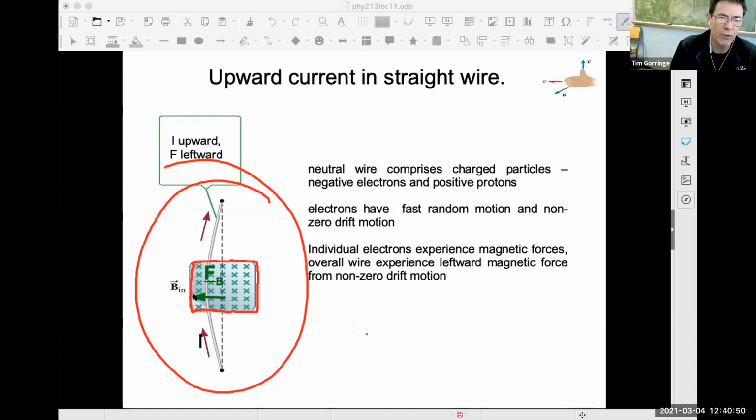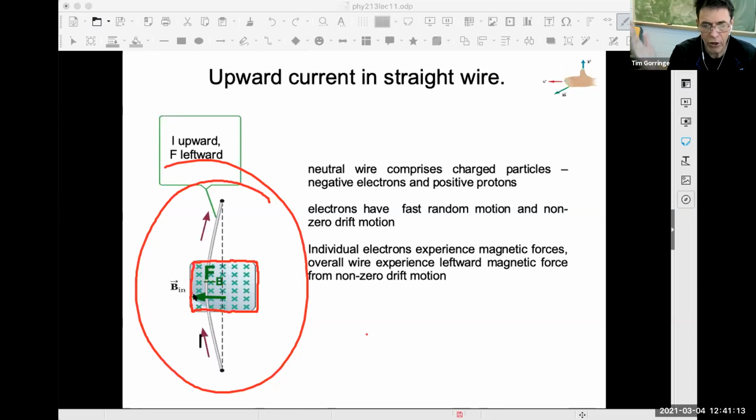And you can see that with the right hand rule. So, take your right hand, here's my right hand, and I would point the palm of my hand in the direction of that conventional current, the direction the positive charge carriers would move. So that's upwards, up the slide.